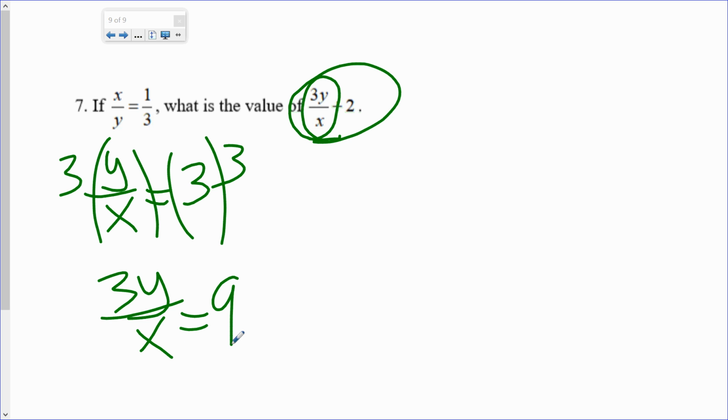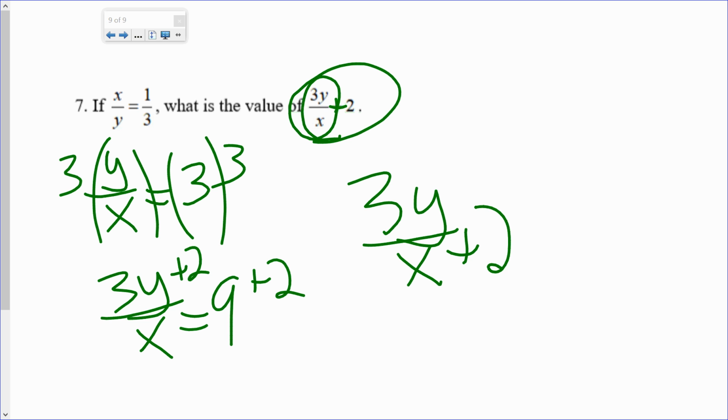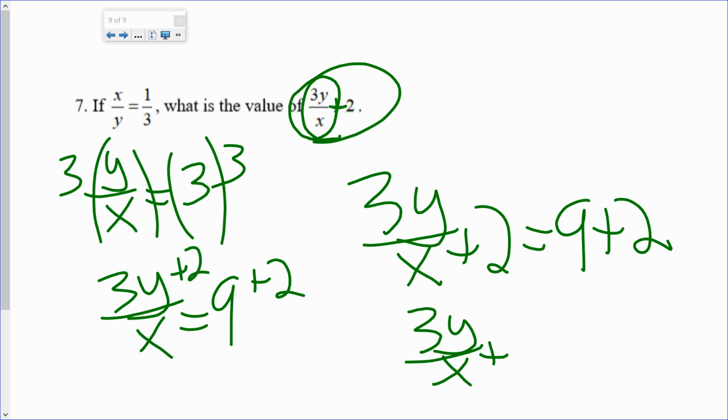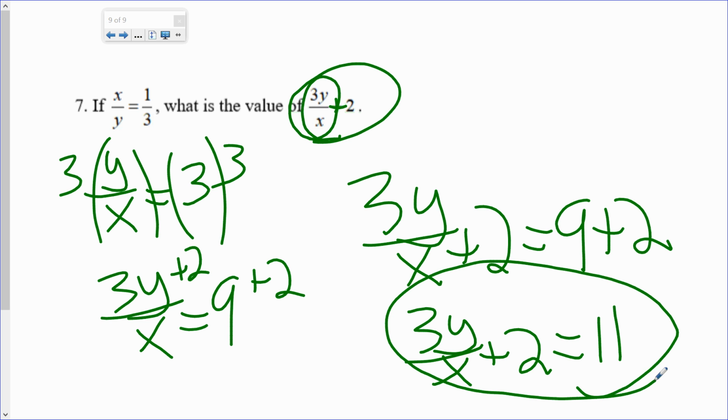And now I want to add 2 to that, so if I add 2 to both sides, then I get 3y over x plus 2 equals 9 plus 2, which equals 11. So 11 is my answer.